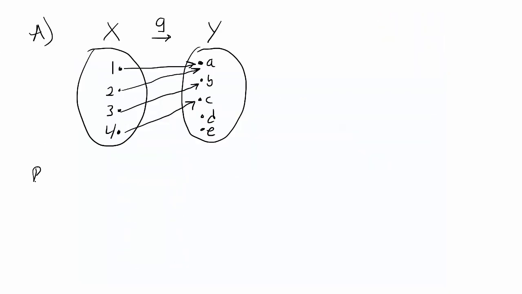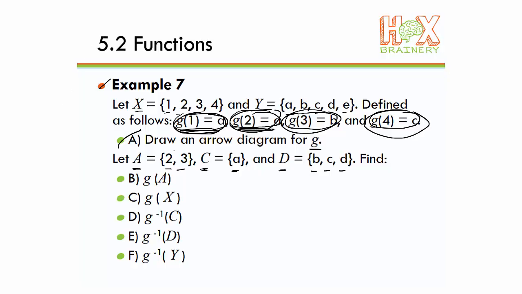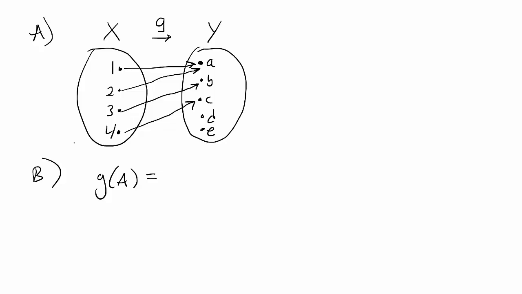So for part B, G of A. So basically, set A contains 2 and 3. So you can think of it this way. You're thinking about plugging in 2 and also 3 into the function G and seeing what you get as the output. So when you plug in 2 and 3, the outputs are A and B.